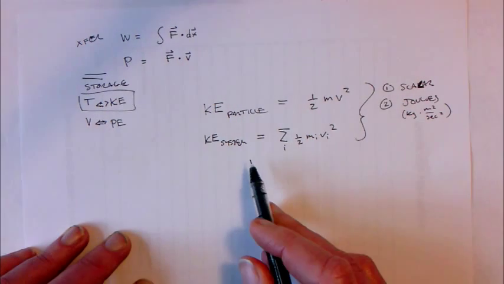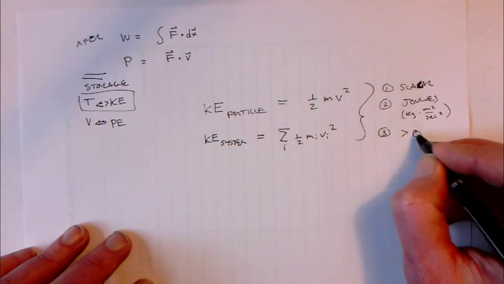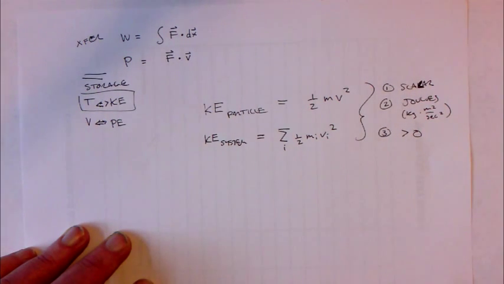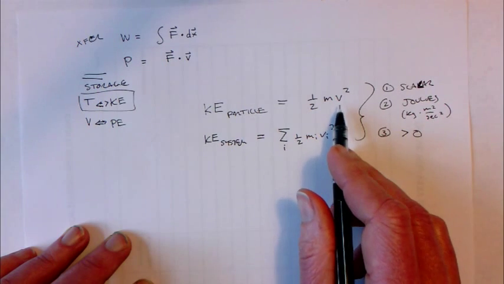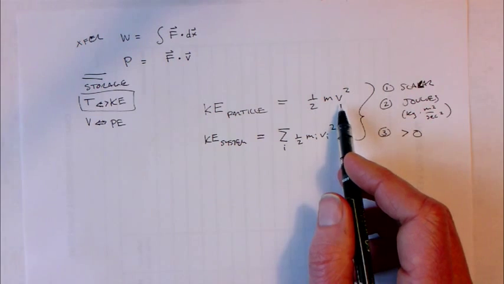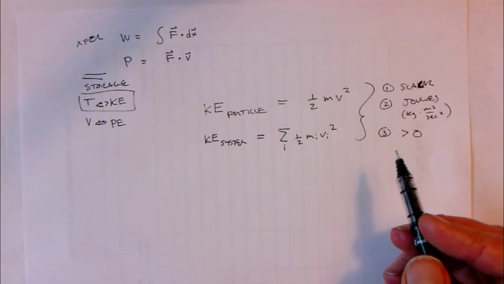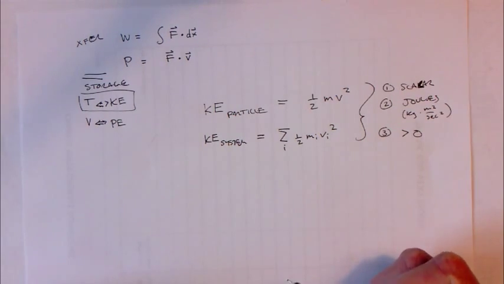The third thing you'll note about kinetic energy is that it is always greater than 0, because velocity squared is always greater than 0. Velocity is a vector, and can be in different directions, but when you square the velocity or take the dot product of the velocity with itself, it's always greater than 0.